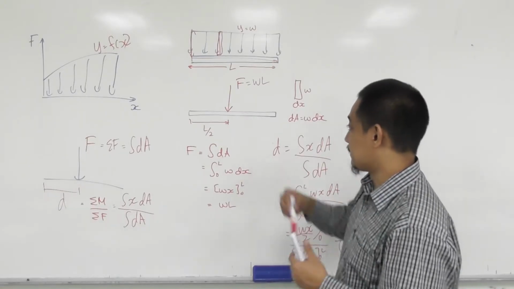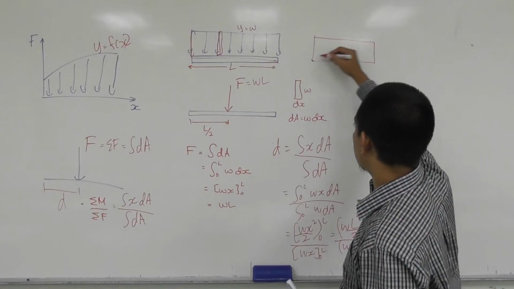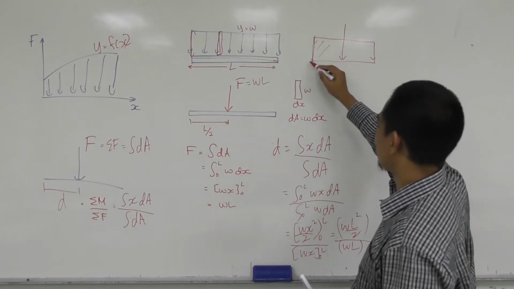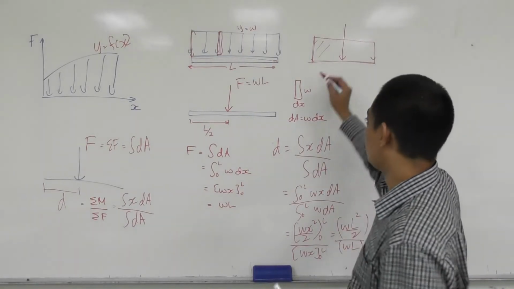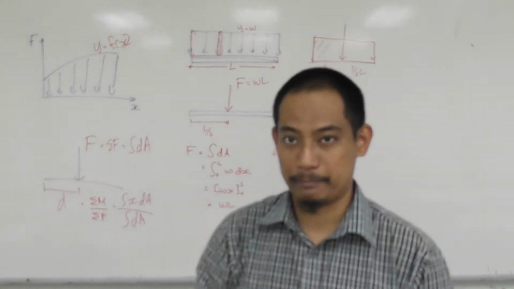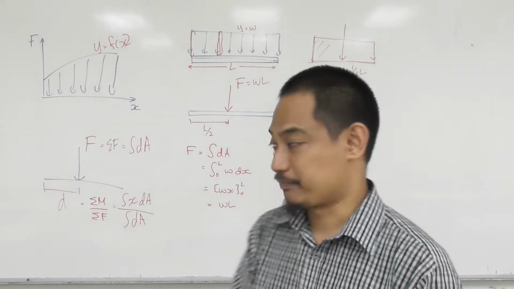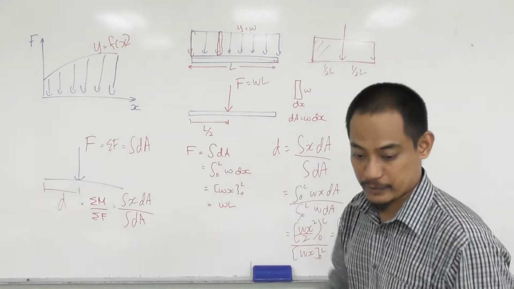So in the end, if you have a rectangular distributed loading, the force is just the area, this one multiplied by this one, and the position is exactly halfway, half L here and half L there. So you can just memorize and apply it in the exam, but it's good to understand how we can prove that.